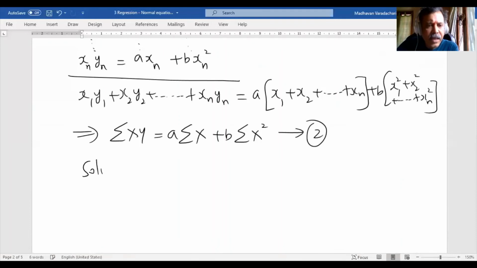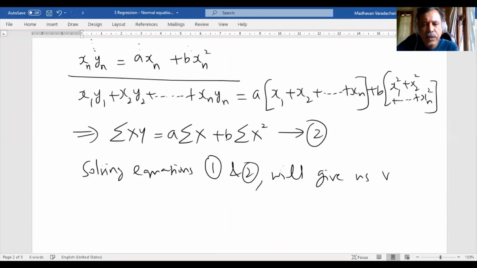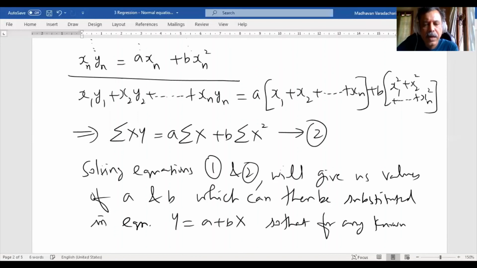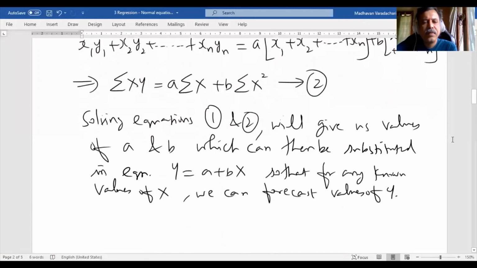Solving equations 1 and 2 will give us the values of a and b, which can then be substituted in the equation y equal to a plus bx, so that for any known values of x, we can forecast values of y. That is the advantage of regression, right?